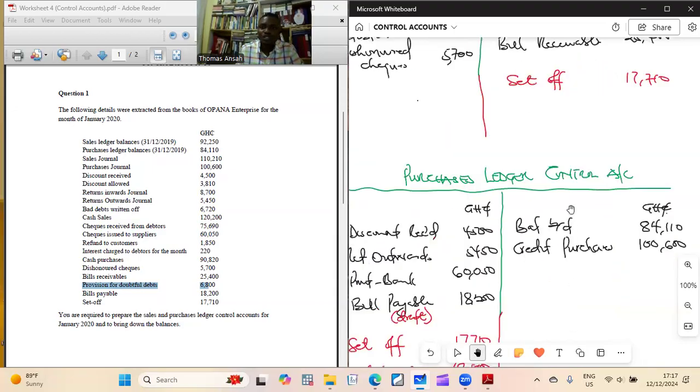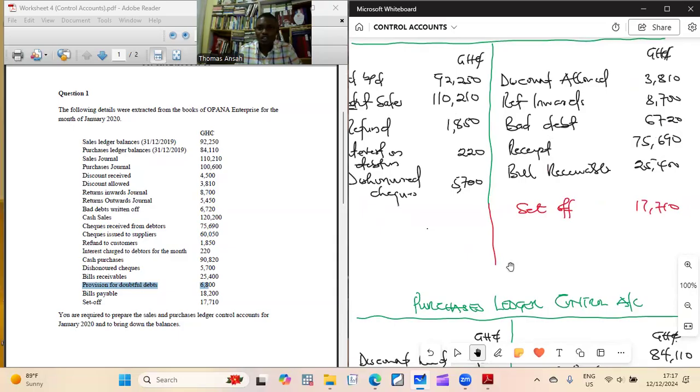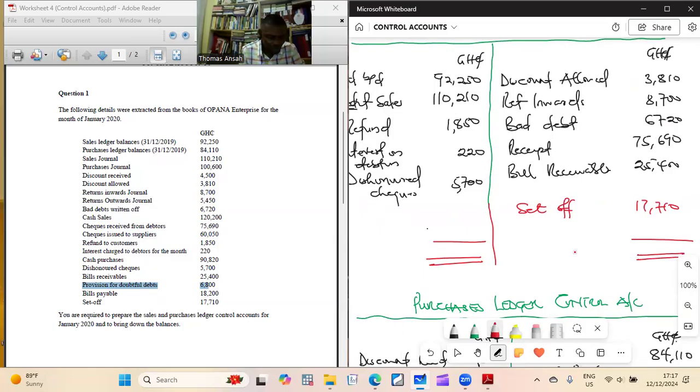So you should be able to do this side, won't you? You look at these two, which side will be bigger? Obviously, you can see that the debit side is bigger, and normally should be so because it's a debtors ledger. All right, so if I have 92,250 plus 110,210 plus 1,850 plus 220 plus 5,700, I have 210,230. So that should be the figure here. And if I add this and subtract and it is not up to, then that is my balance carried down.